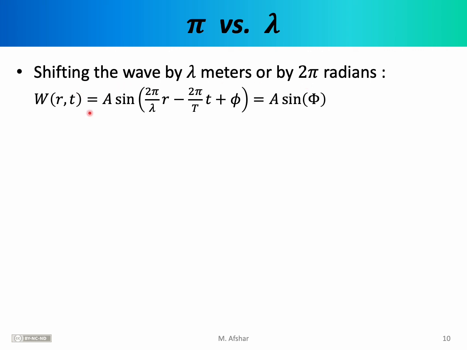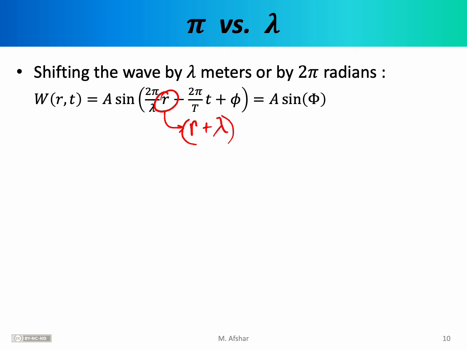Consider a simple sinusoidal wave, which we're denoting by the letter W. Now suppose that we shift this wave to the left or to the right, not so important at this point, by lambda meters. What that means is that we take the position variable and we basically replace it with r plus lambda.